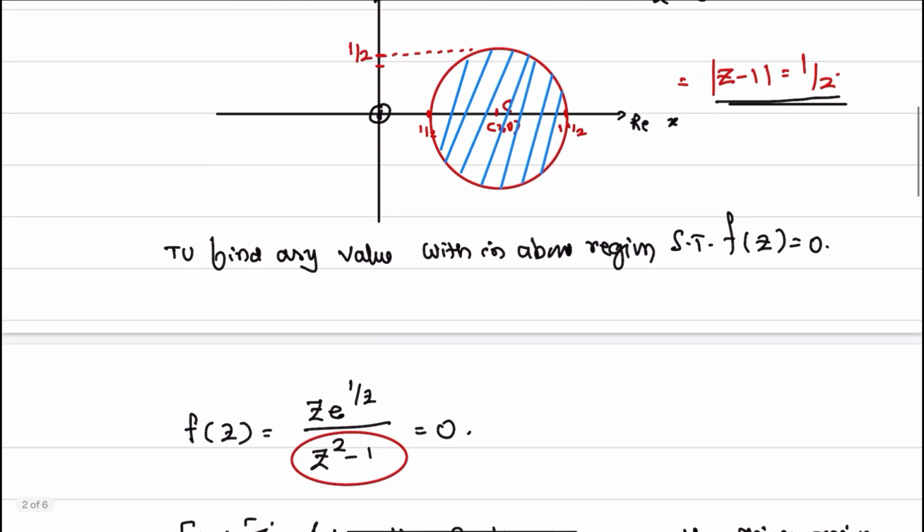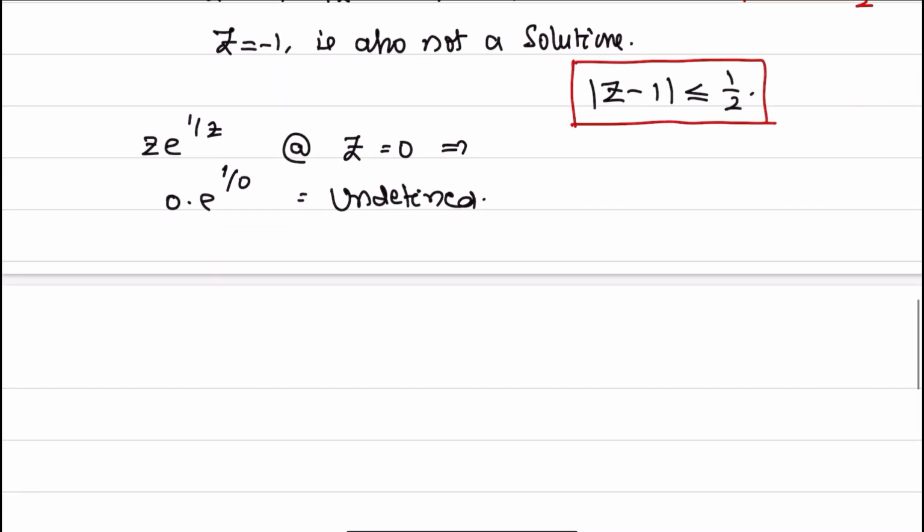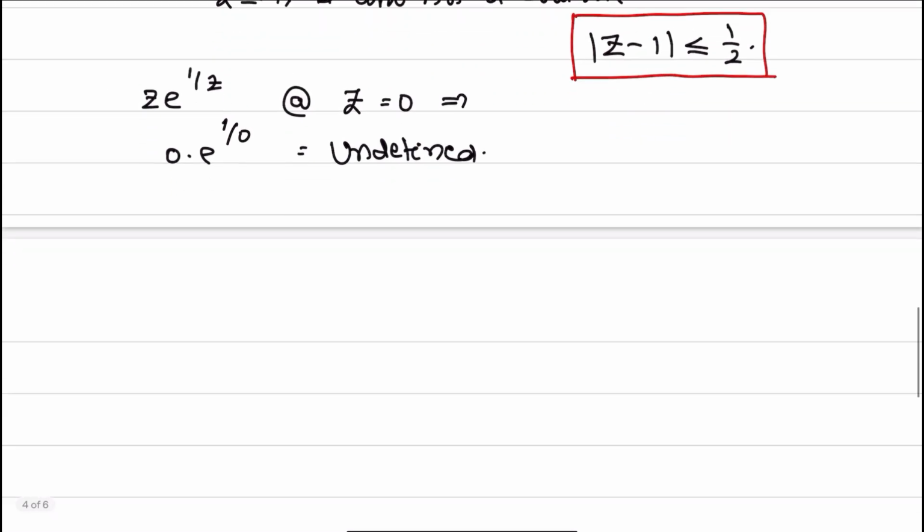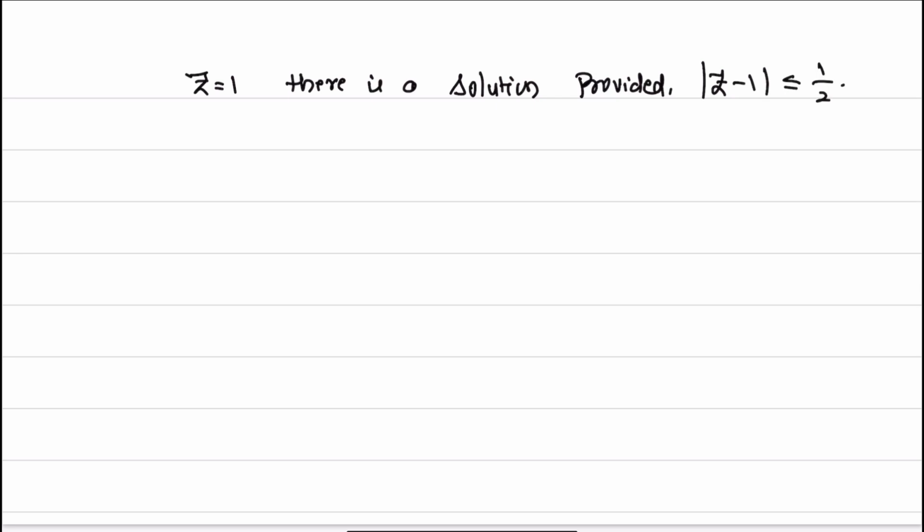Hence, as far as this region is concerned, for Z is equal to 1, there is a solution provided modulus of Z minus 1 is less than or equal to half.